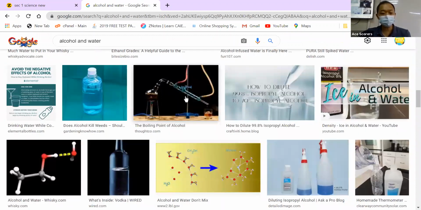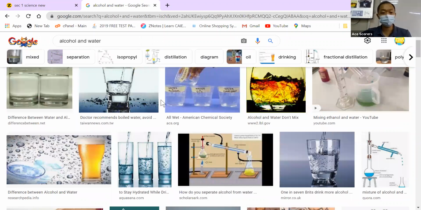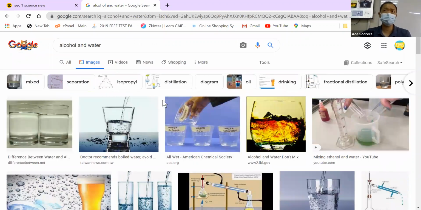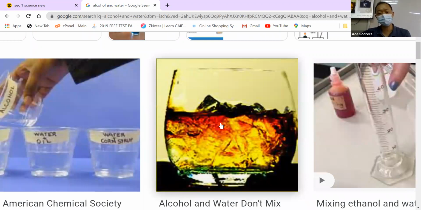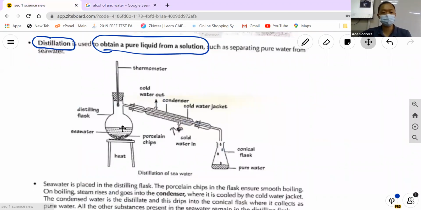Okay, alcohol and water. Yes, you can drink alcohol, but are you legally allowed to drink alcohol? No. Alcohol and water are miscible, so you can't really separate them unless you use this technique.